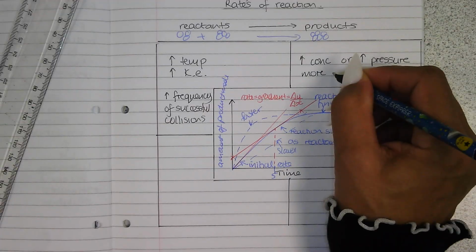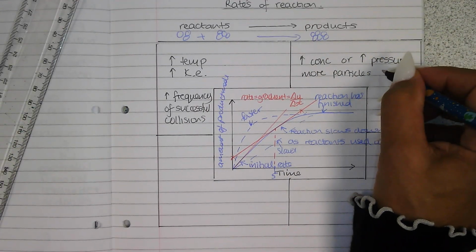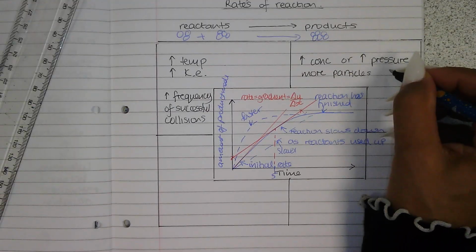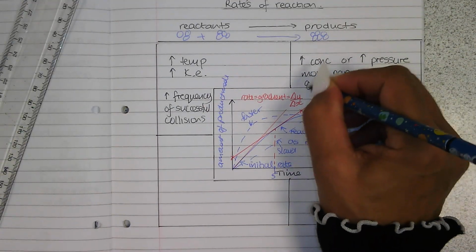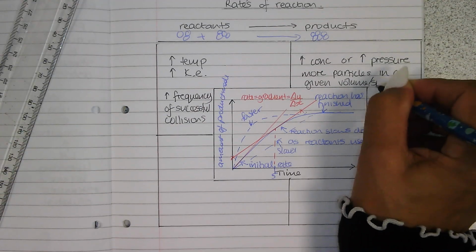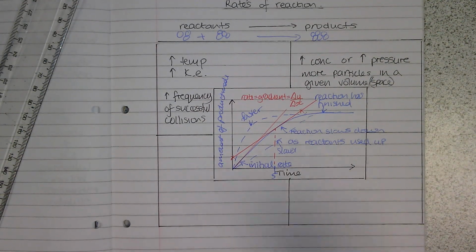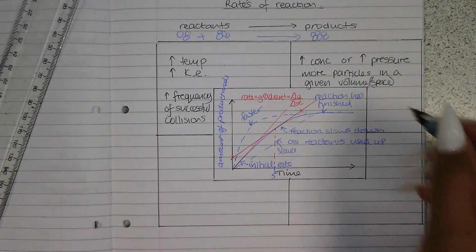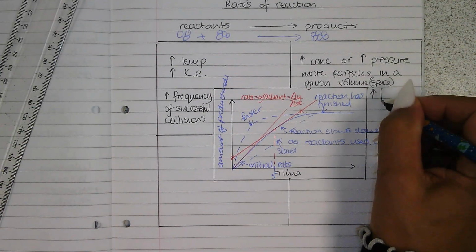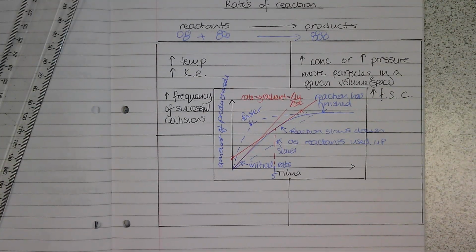So we make sure that there's more particles in a given volume, space. So if there are more particles in a given volume or a given space, there's a higher frequency of successful collisions, and the rate of reaction can be increased.